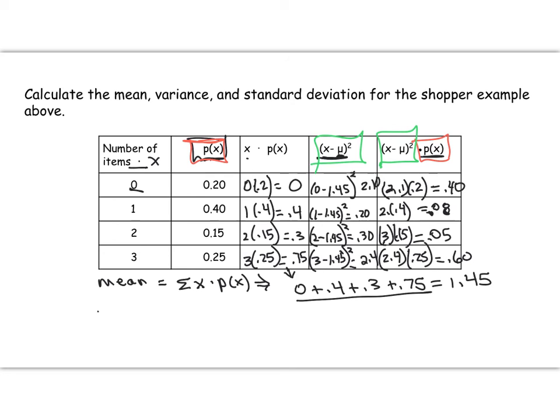So for the variance, I'm going to add all of those up. I'm going to add up this last column here. That's for variance.